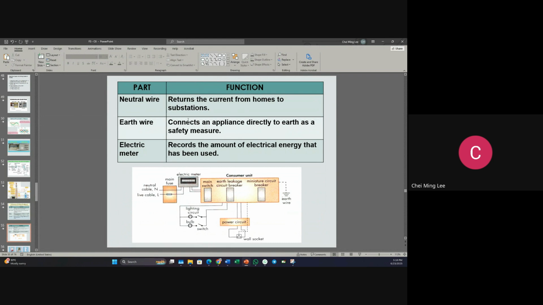Earth wire connects the appliances directly to earth as a safety measure. So normally the 3-pin socket comes with an earth wire. But some of the China-made ones might just ignore the earth one and just show it for show. Electric meter records how much electrical energy has been used.